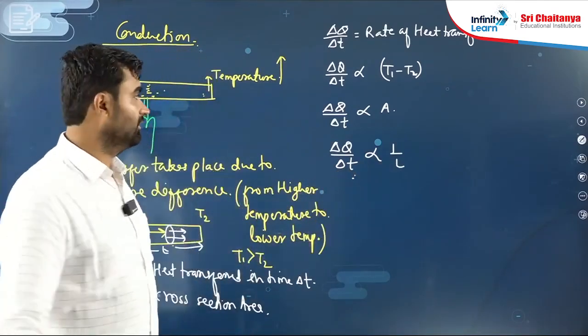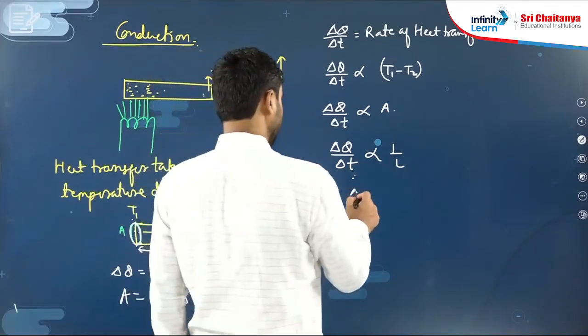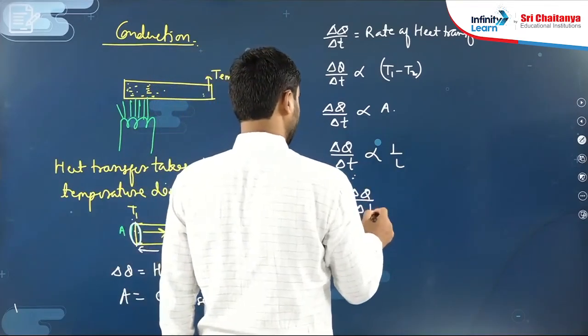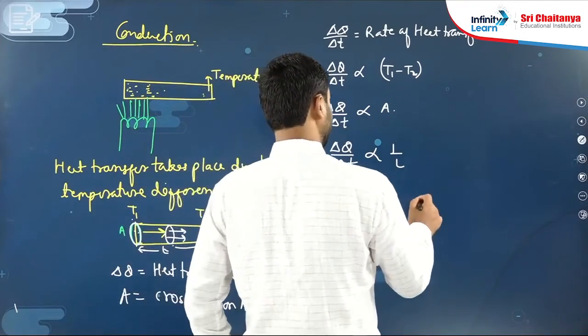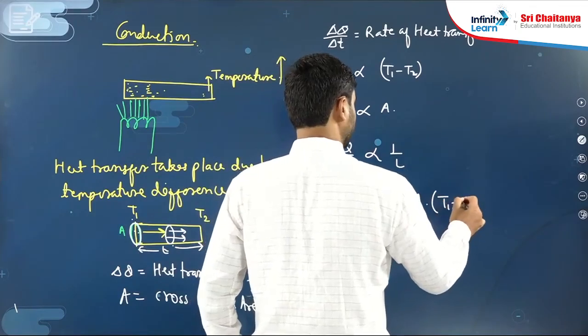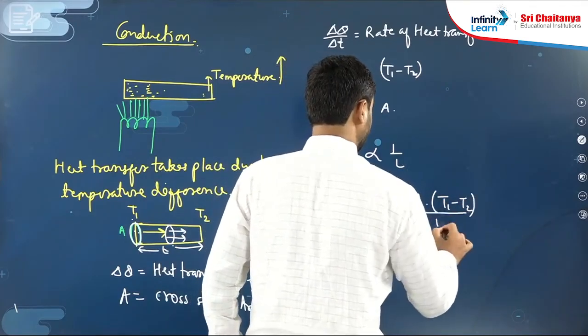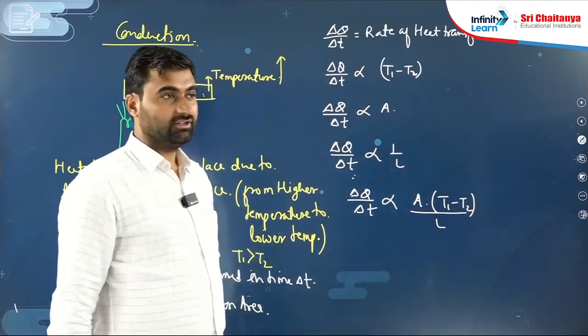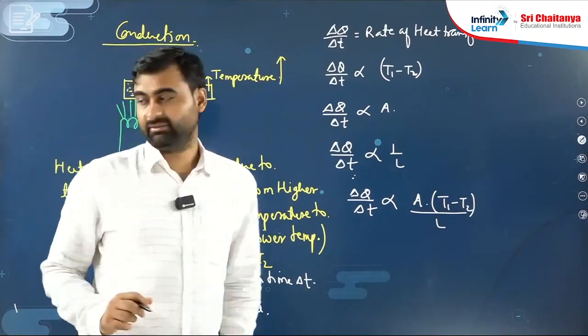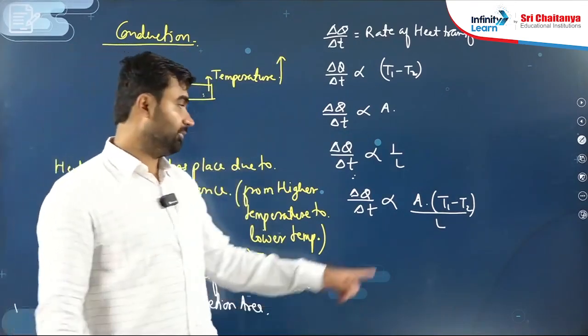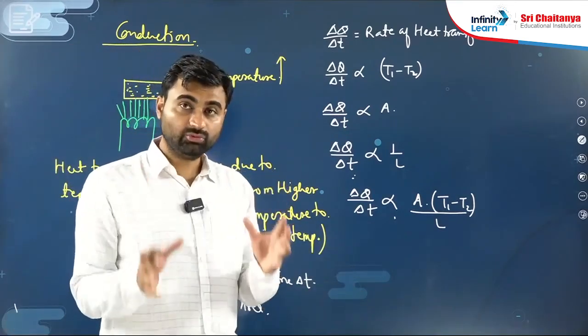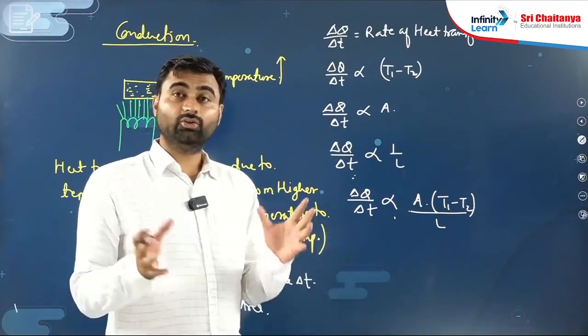Agree or not? If we combine all three, then it becomes delta Q by delta T is proportional to A into temperature difference divided by length. Now already we discussed this point that when we remove this proportional sign, then we have to multiply with a constant.